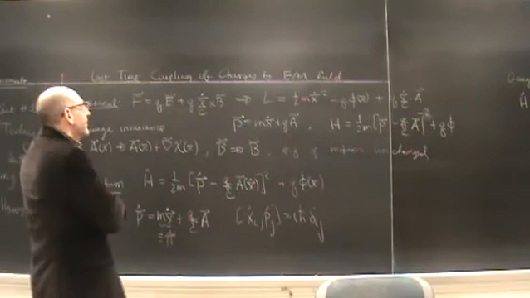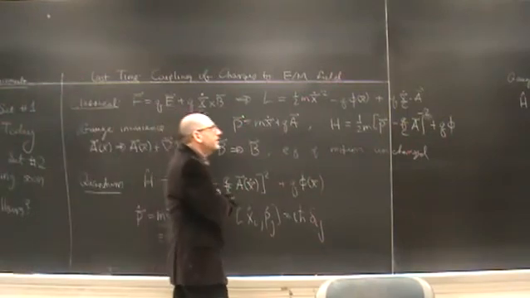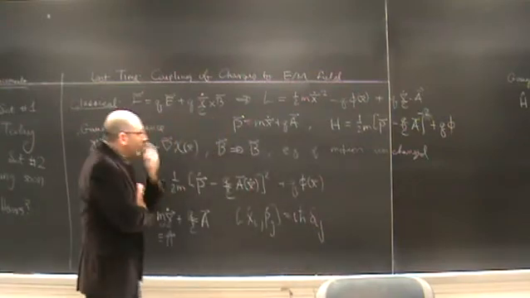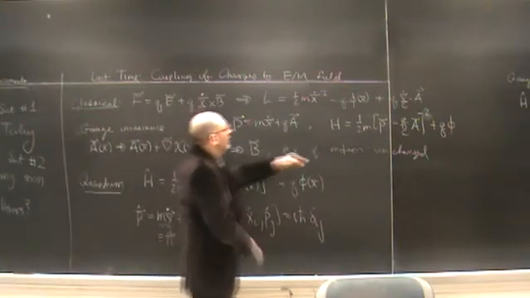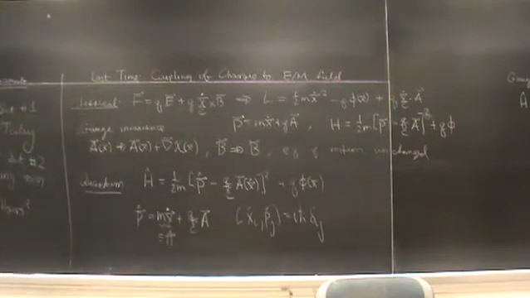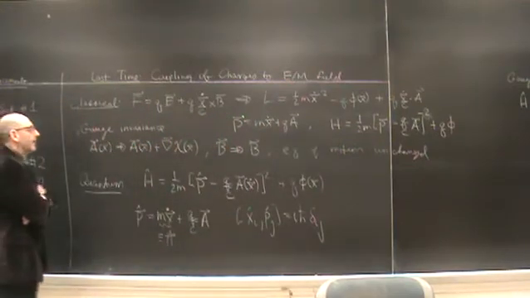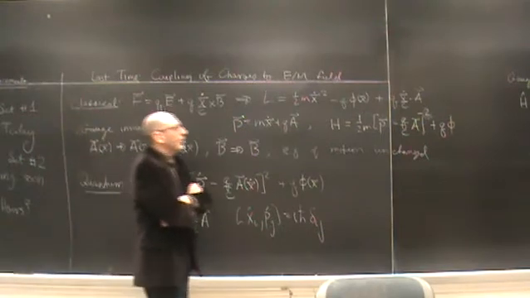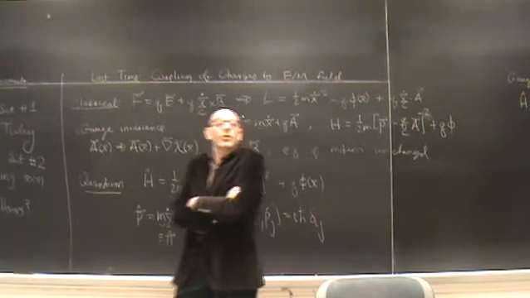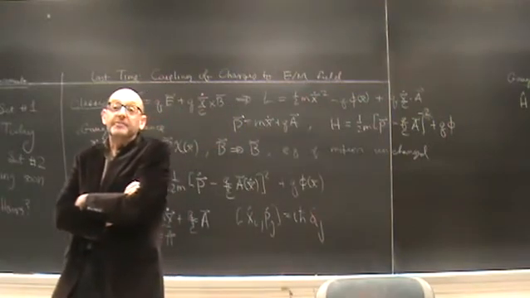So we wrote down what the Lagrangian is and the Hamiltonian. And given the Hamiltonian, we can then quantize by saying that the canonical coordinates, position and momentum, become the canonical position and momentum operators.